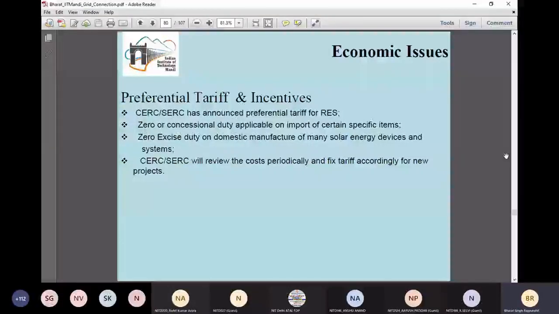This is known as the preferential tariff mechanism, or sometimes the feed-in tariff mechanism, by which the renewable energy producer in a particular state is remunerated, and the states are liable to provide this money to the producer. The systems are also considered must-run or must-dispatch systems, so this is how they are always promoted in the states. Next slide please.